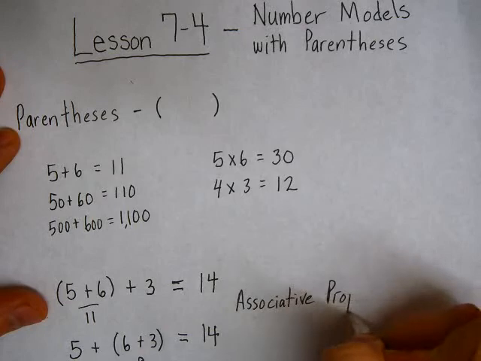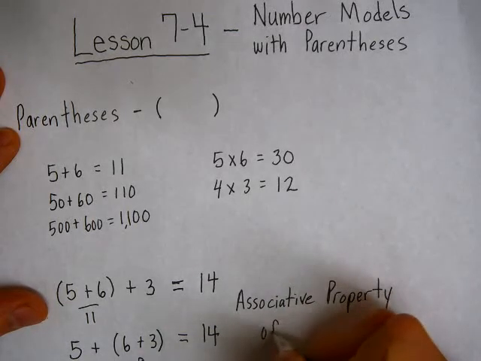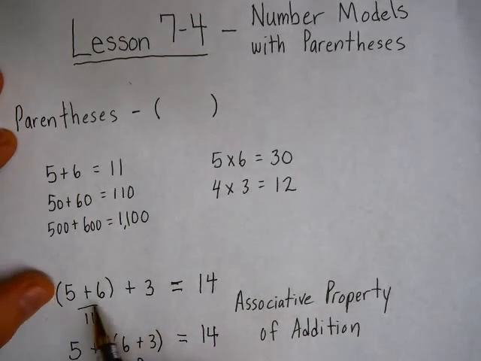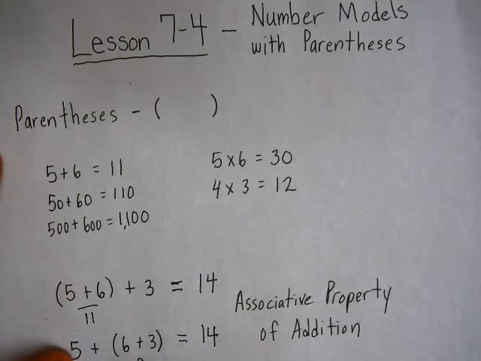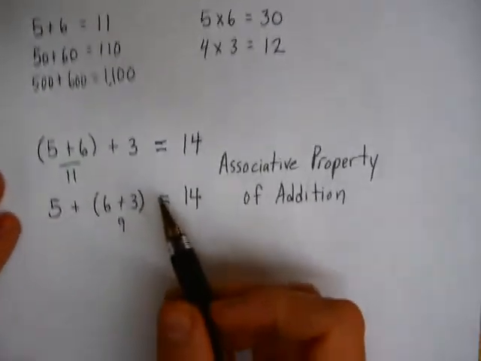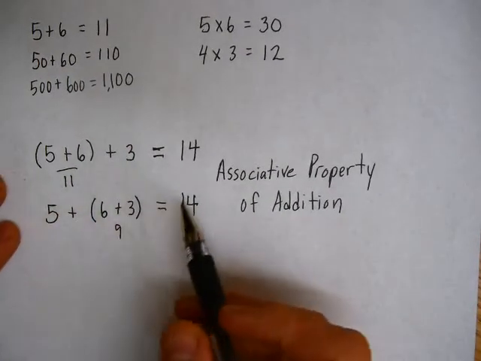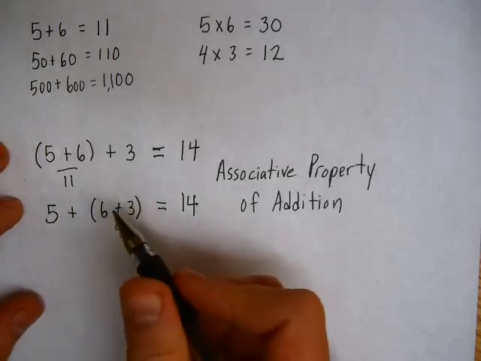And kids don't actually need to memorize that term. They don't need to know that. They just need to know how it works. They just need to know that this number model with the 5 plus 6 in parentheses is going to give them the same answer as this number model down here with the 6 plus 3 in parentheses. As long as it's all addition, then the parentheses don't matter where they go.